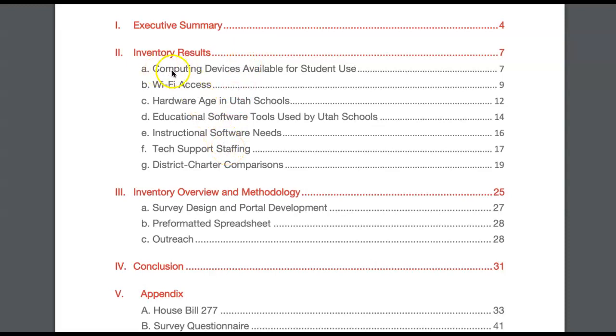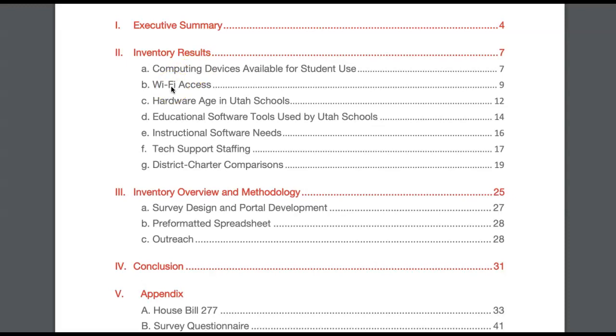So first, they're going to talk about computing devices that are available for the students, what kinds of devices, and how those devices are deployed, meaning does each student get one that they carry around with them all day, what we call one-to-one, or are they available on carts in the teachers' classrooms for the students to use? What does that availability look like?